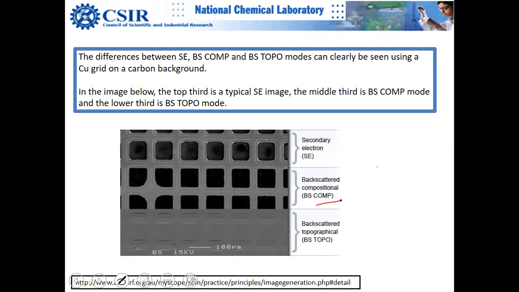I mean, you don't see much backscattering from the carbon. But interestingly, if you see the backscattered topographical information, there is some information here. There is no compositional information, but there is some topographical information.